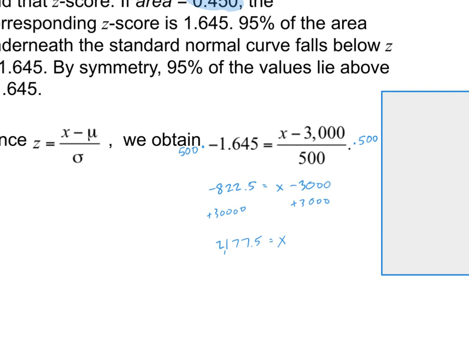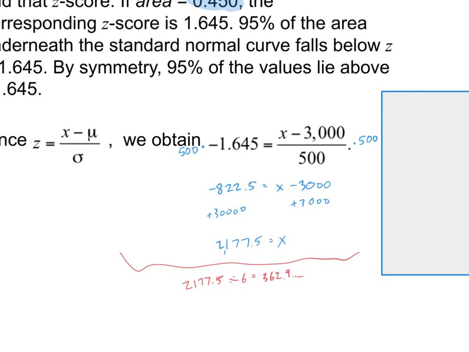Now the final steps to this problem, we're going to take that 2177.5 and divide it by 6, because if you recall, that's how many hours a day they were watching TV. So that number divided by 6 is equal to 362.9, and some other numbers.